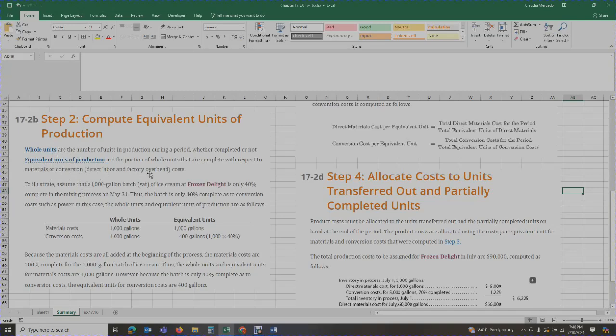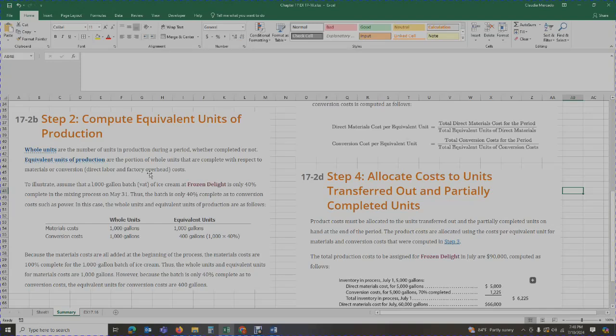Materials is classified separately, and usually materials is accounted for at the beginning, the month that it was put into production. Regardless if it's finished or not, the materials will be allocated that month. For the conversion cost, that's your direct labor and factory overhead.